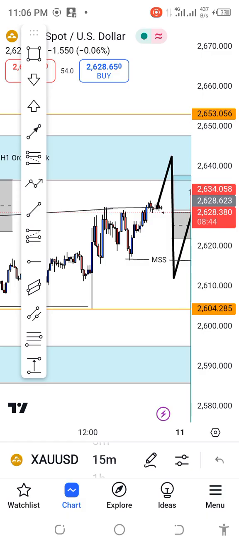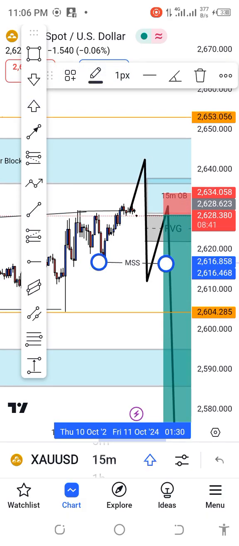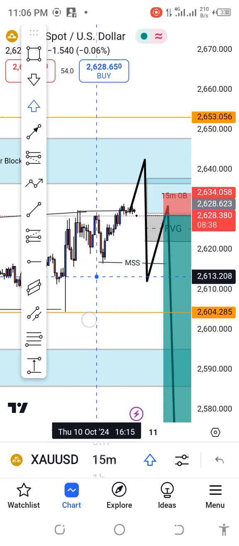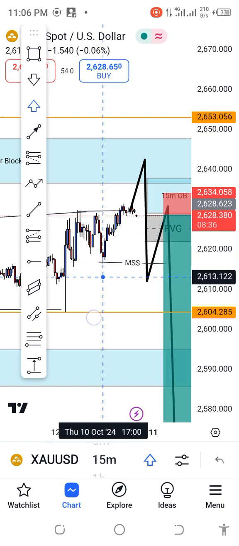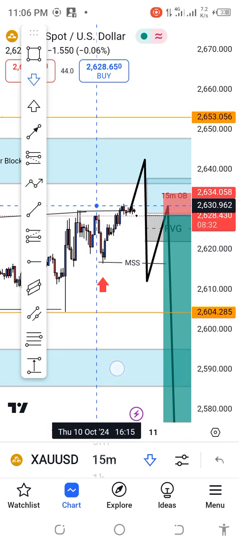So this is how it is. This is your swing low. You come here, you put your swing low again, and you mark your swing high.